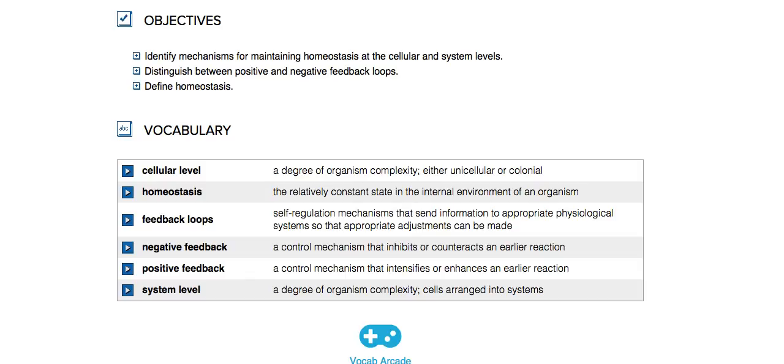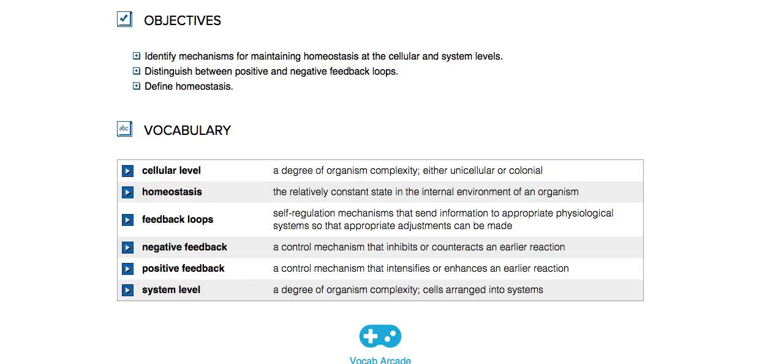So, when you look at your lesson, the objectives really are three main things: identifying the mechanisms for maintaining homeostasis at the cellular and the system level. So, all the way down to the cell level, and all the way when we're talking about organs and organ systems.